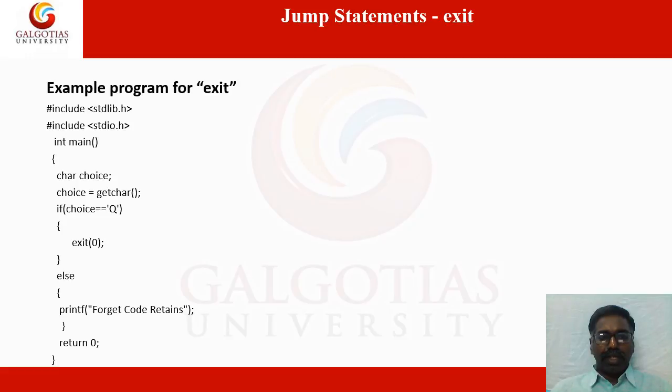That's why the stdlib header file is also declared in the program. Now getchar is going to get the character from the user. Only if the choice is other than q, we will execute the else part. If the choice is q, then we just exit the program. No further code is executed.